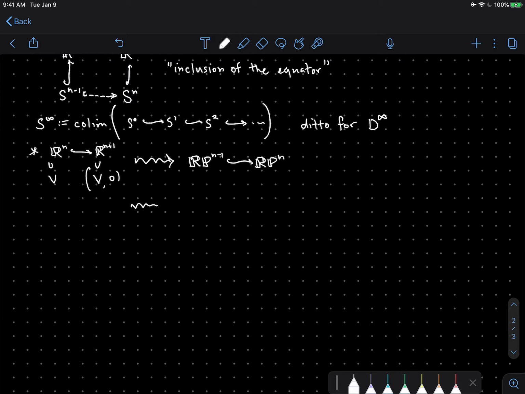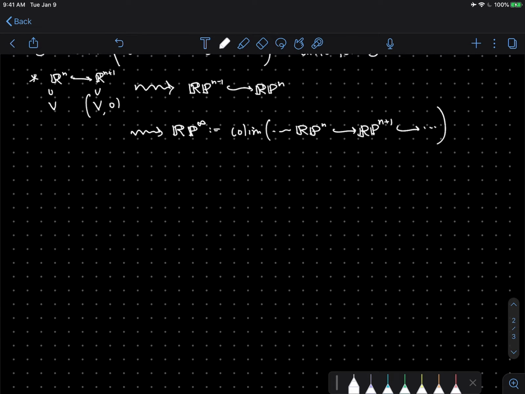And so from there, we can define RP infinity as the colimit of that tower. Ditto with CP infinity.